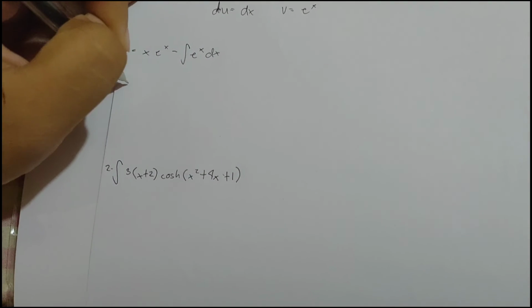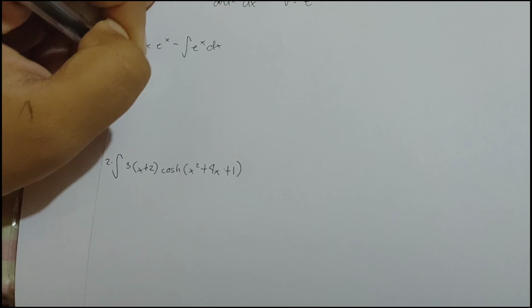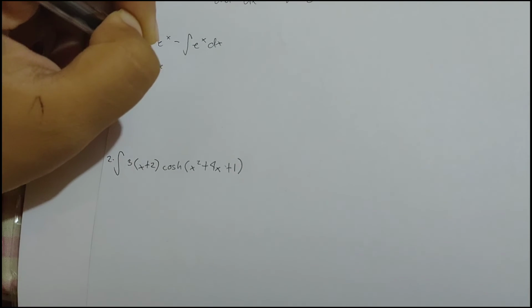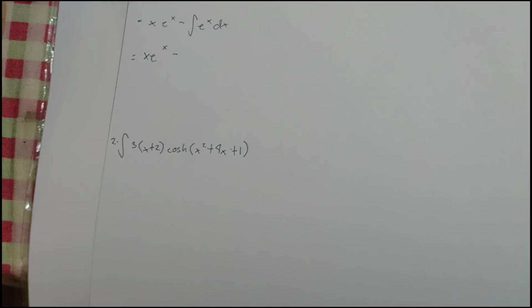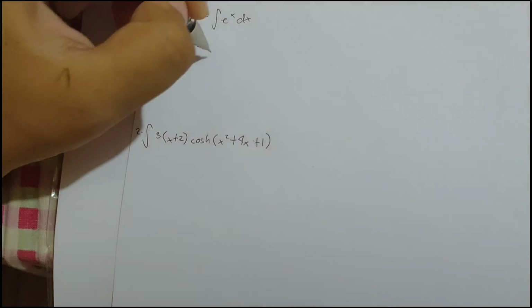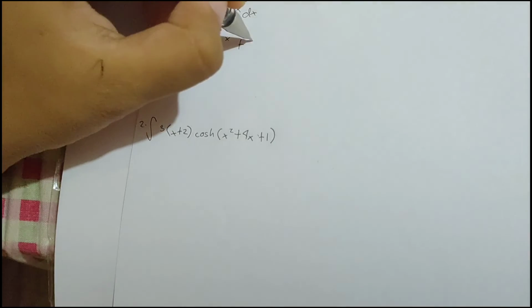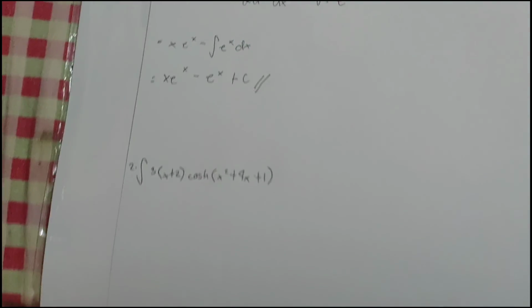So our final answer is x e to the x minus the integral of e to the x. The integral of e raised to x is e to the x plus c. This is our final answer.